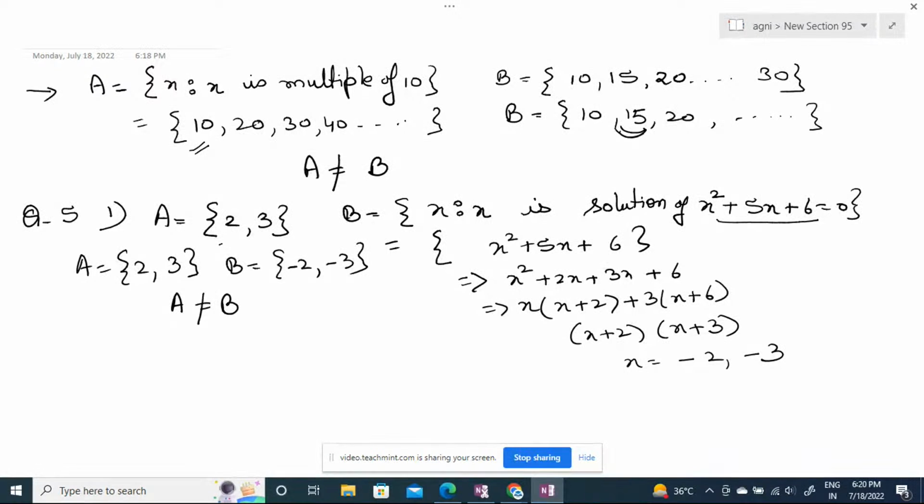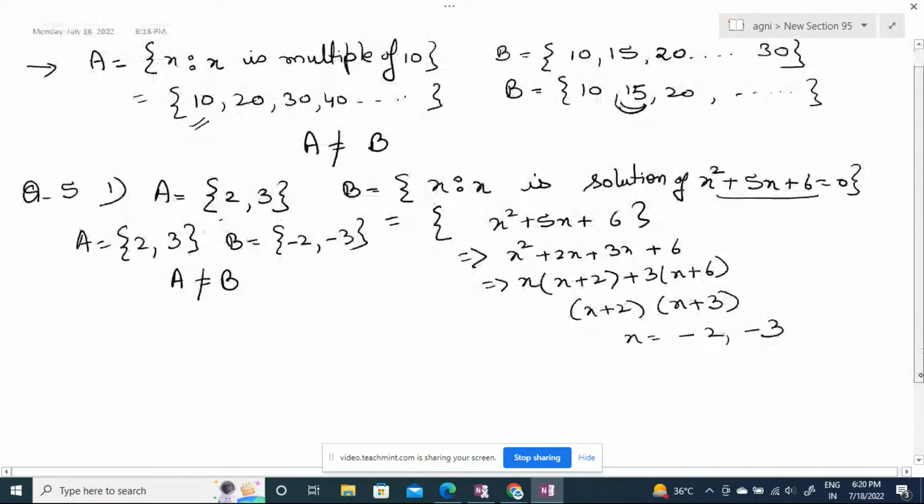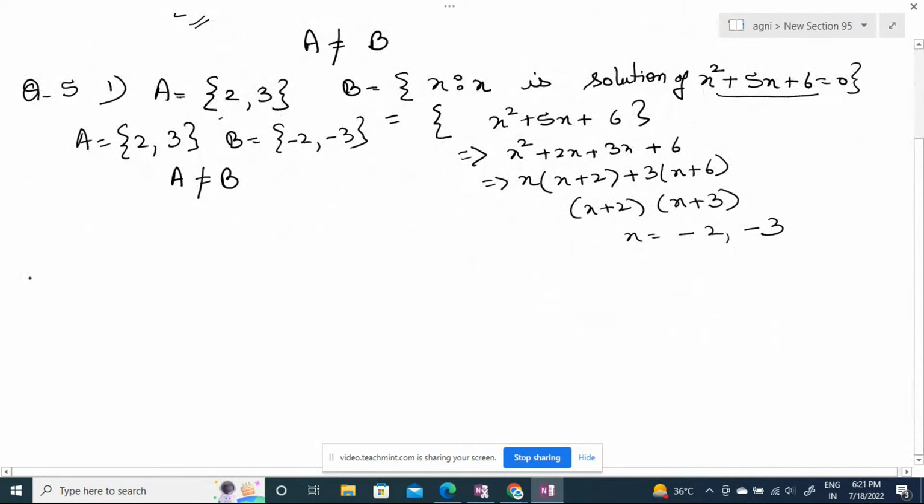Next question. Second part. A is x such that x is a letter in the word follow.